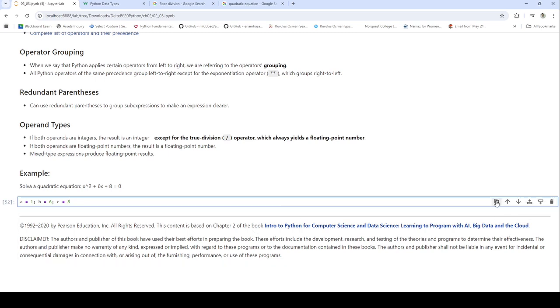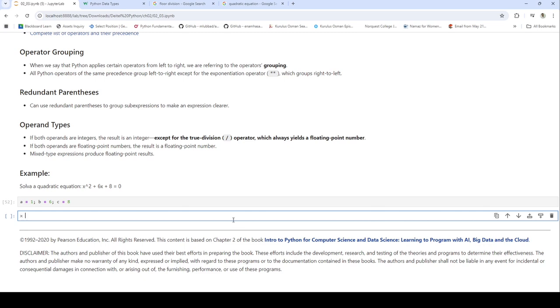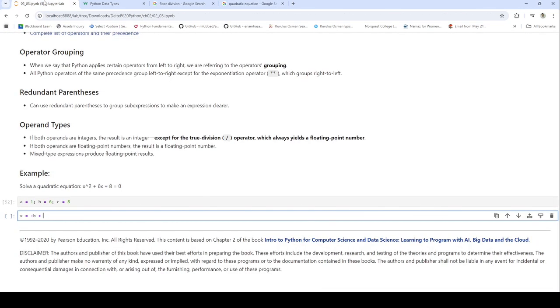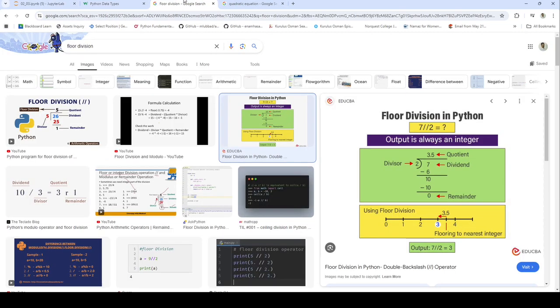Okay, and now in order to find the unknown x, I will say that it's negative b plus or minus. I'm going to take the case of plus first, this one. And now it's the square root of b squared minus 4ac.